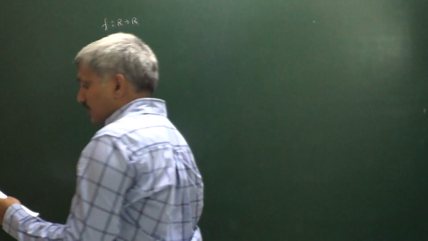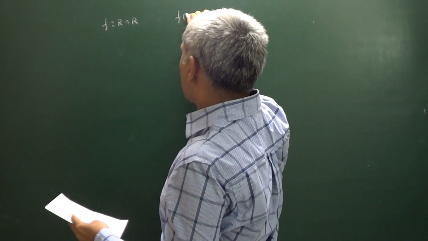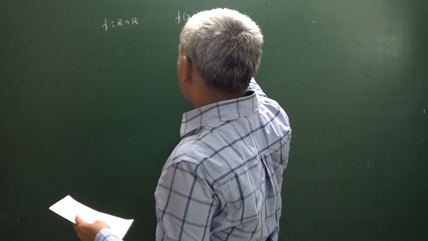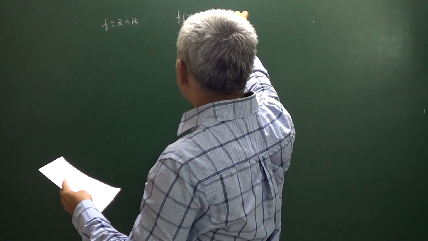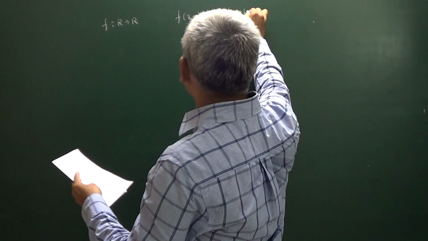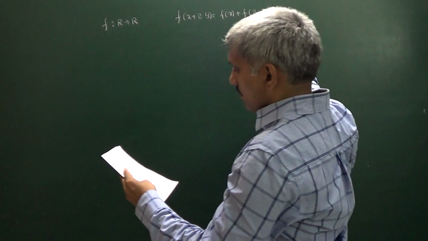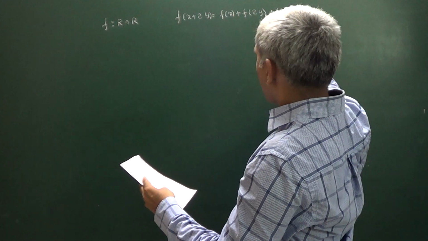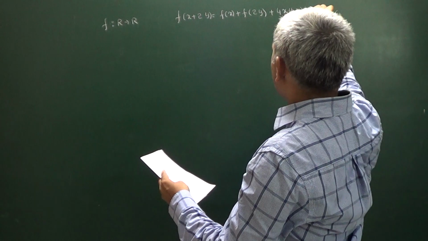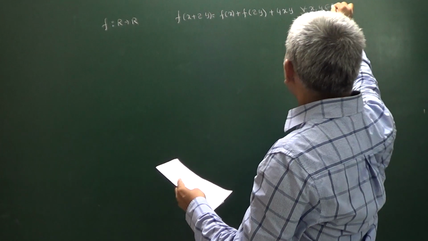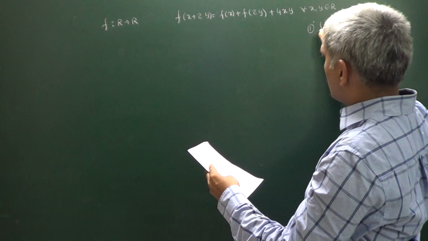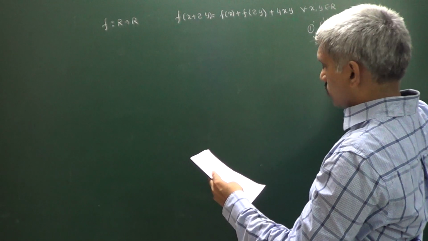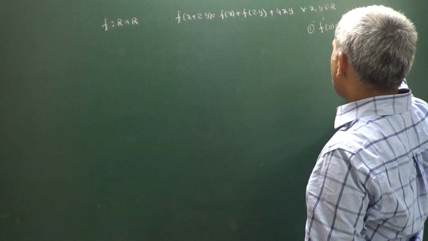Right, this is another question, one more. f from R to R, a function defined from real numbers to real numbers, is a differentiable function, and the functional equation is also given as f of x plus 2y is equal to f of x plus f of 2y plus 4 times xy for all x comma y belonging to R. Then in the options, they are given like this: f dash of 0 is equal to f dash of 1 minus 2.